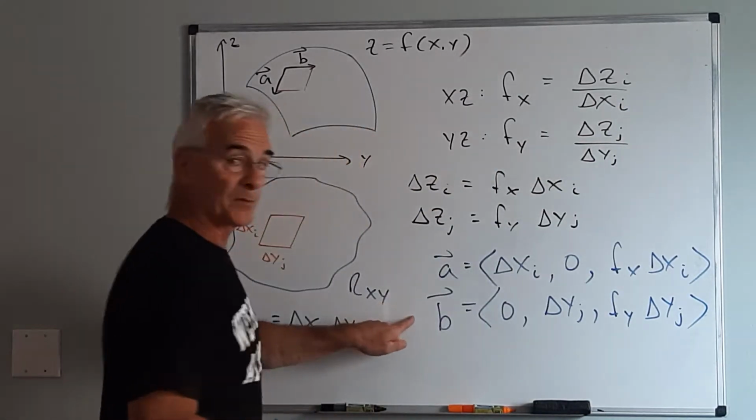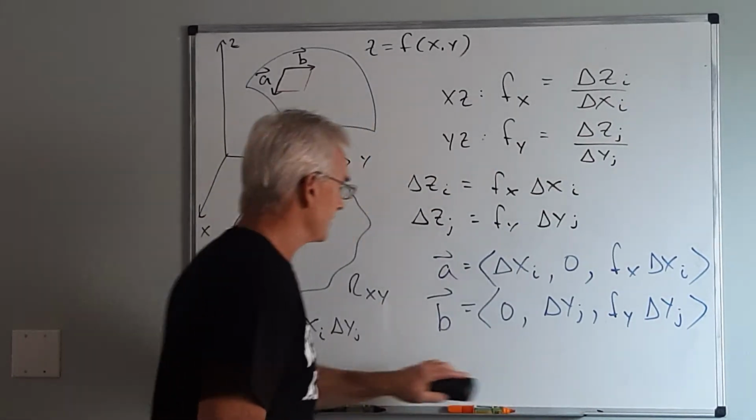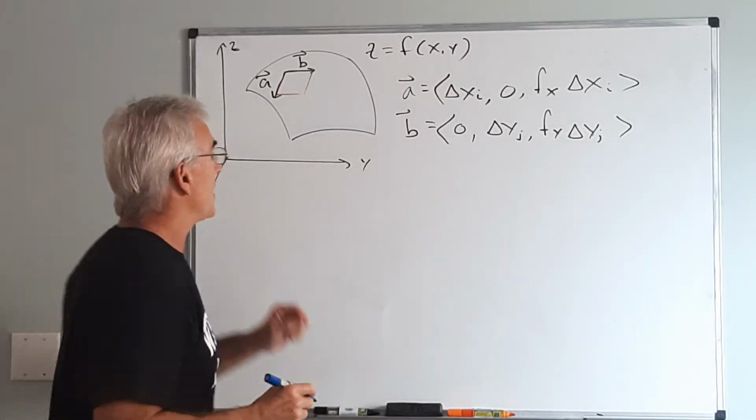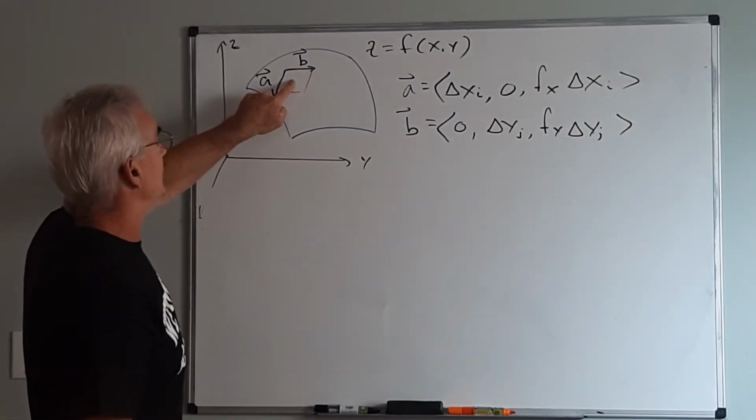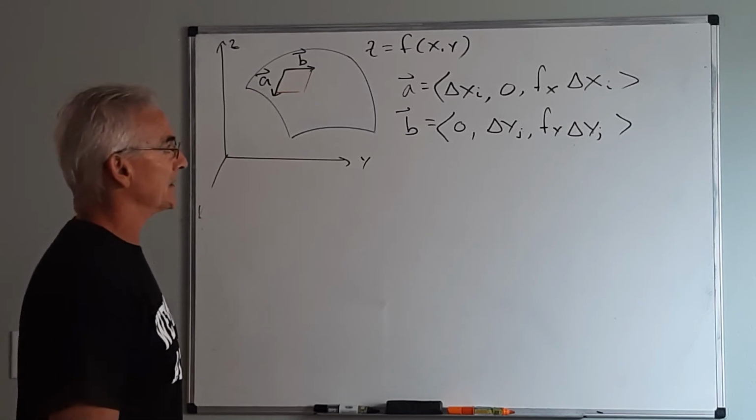Now let's continue from this point. In order to find the area of this parallelogram, all we actually have to do is find A cross B and take its magnitude.